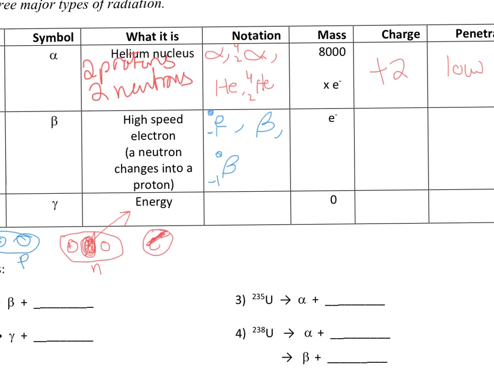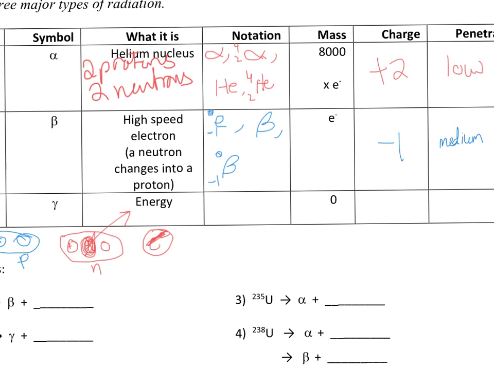And since it is an electron, its charge is -1, because an electron has a -1 charge. Its penetration is medium compared to the alpha and the gamma, because it is not as massive as an alpha, but it is heavier than a gamma.